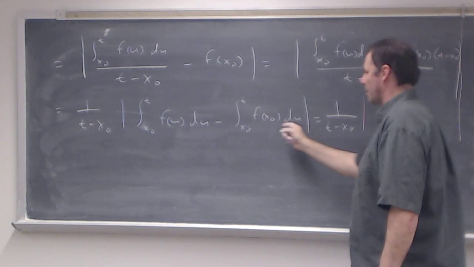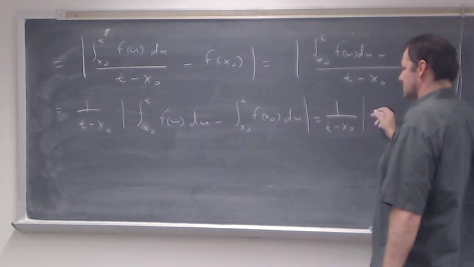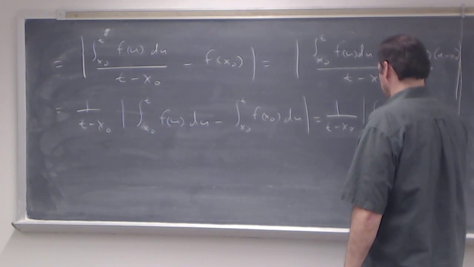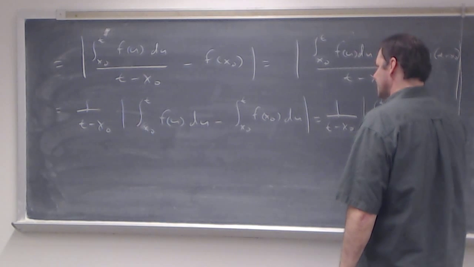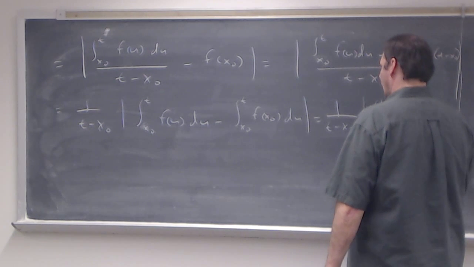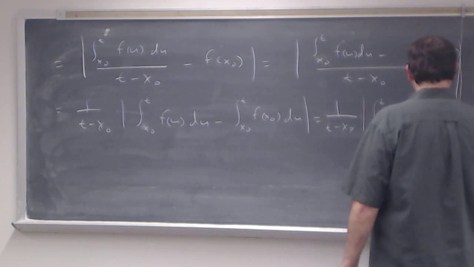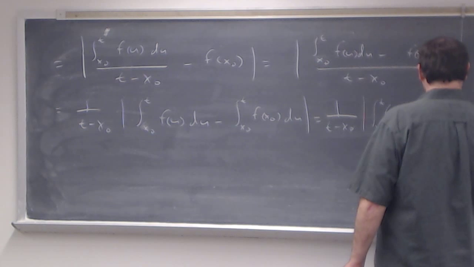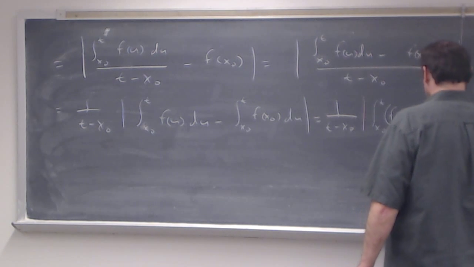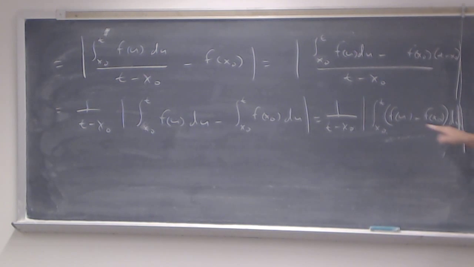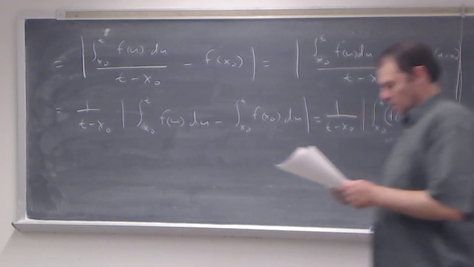Absolute value, now combining these two by properties of integration, this would be the integral from x naught to t of f of u minus f of x naught du. And I need to end the absolute values here. Okay, that's what we have.